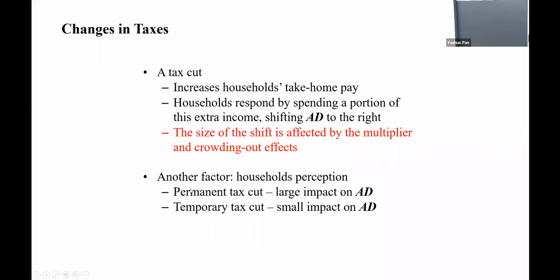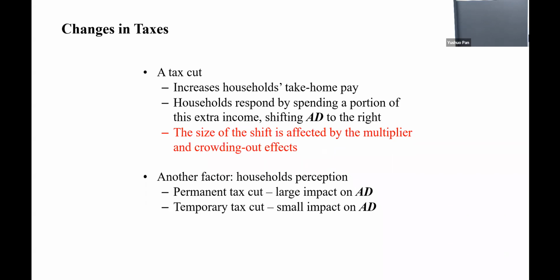Another factor is household perception. A permanent tax cut will have a large impact on AD, aggregate demand. That's easy, right? If we know that our income will increase forever, of course we are going to spend more.